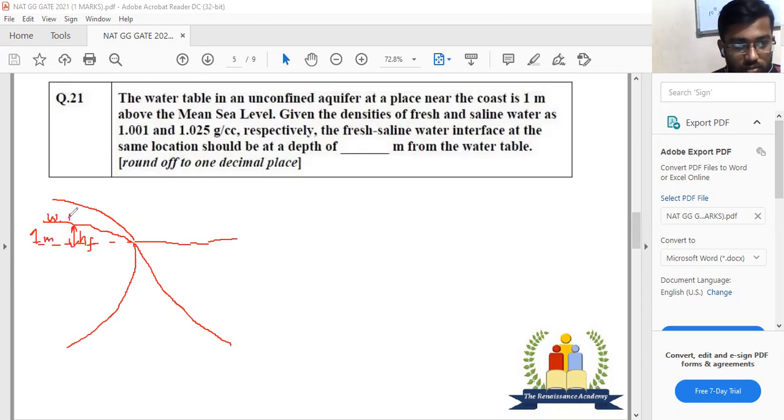This is your water table, this is your surface, this is your sea level. Now this is your interface denoted by z. This is sea floor, and this is salt water.